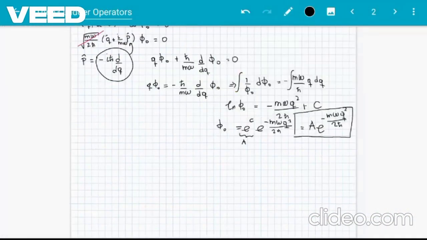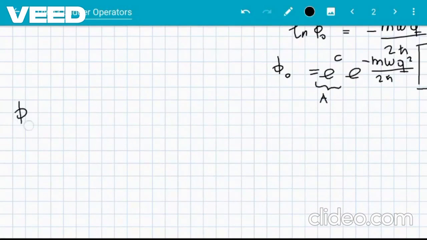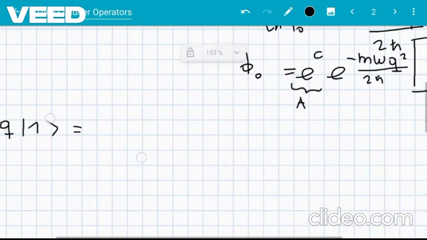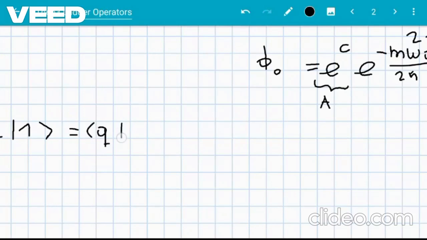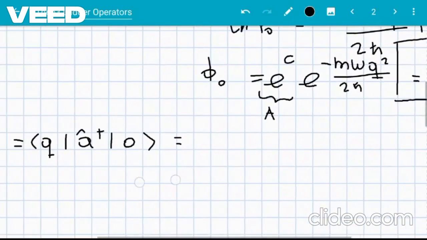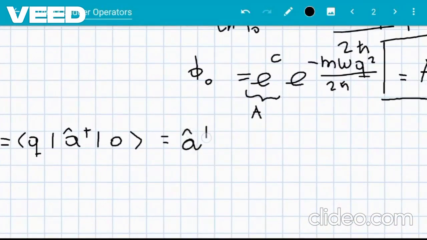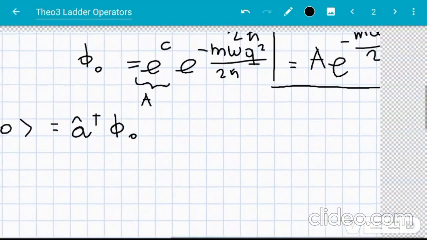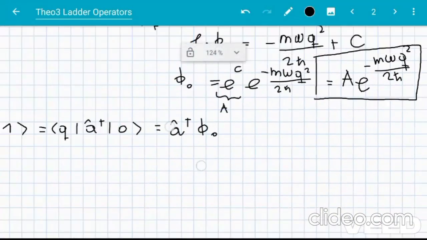So now we have to find the first excited state, which is basically just the projection of q onto the first state, and we know that the ladder operators are raising or lowering the states, so we can use the trick that we know that the raising operator is just going to raise the 0th state, and we already know what the wave function in the ground state looks like, so we can just use the raising operator on phi 0, and that's just going to give us what the first excited state looks like.